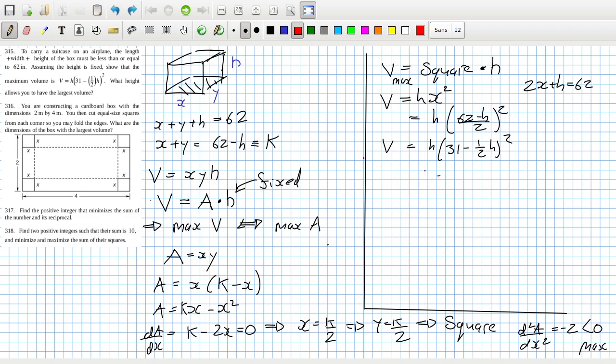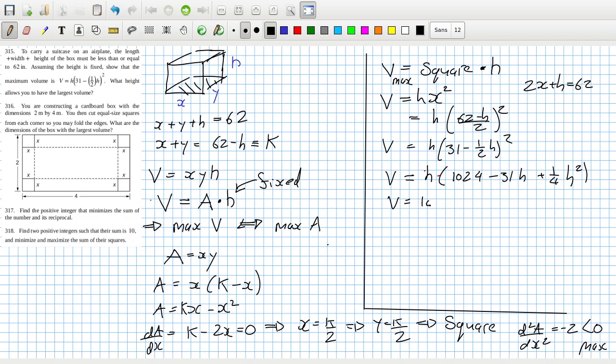I'm going to multiply this out though. V equals h times 1024 minus 31h plus a quarter h squared.